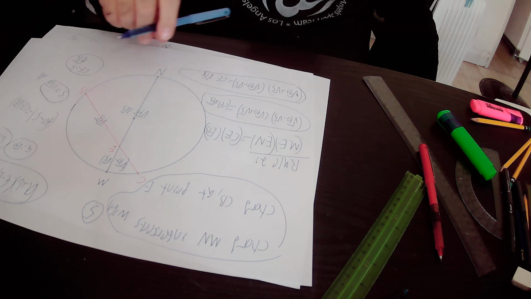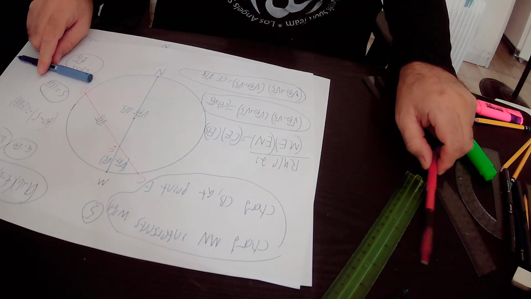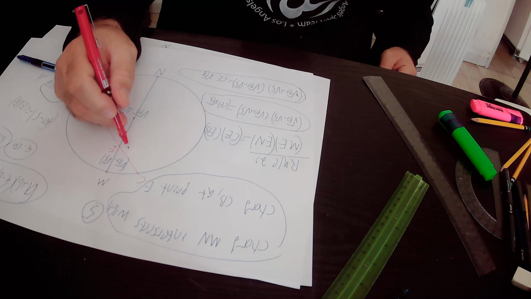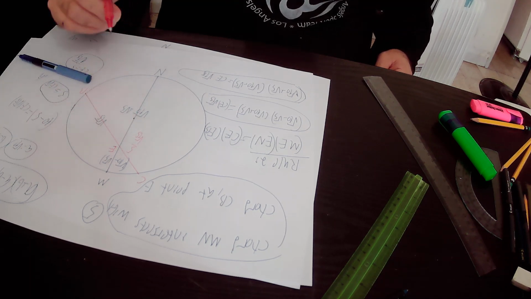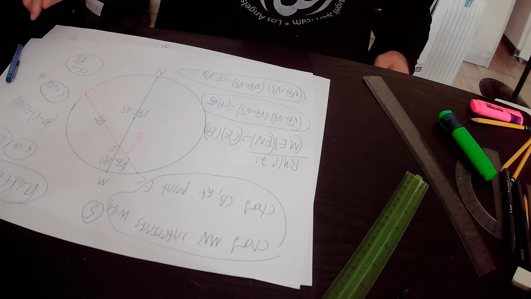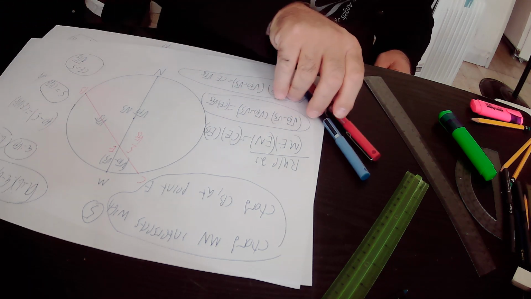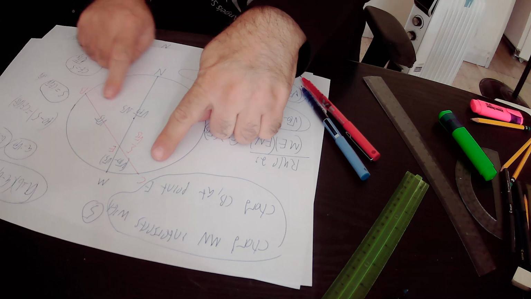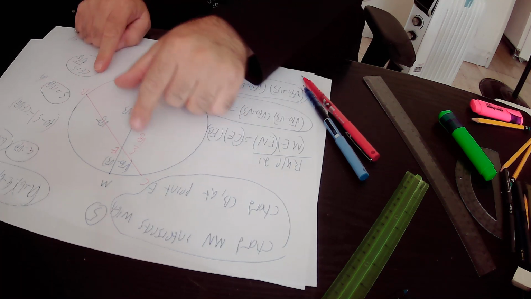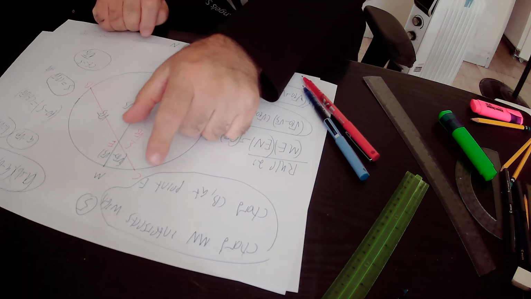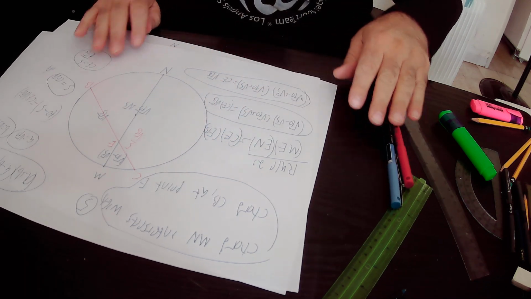We found out that CE equals 5 over square root of 15. We are actually looking for the length of this chord called CB. It is very easy to see from the drawing that CB equals CE plus EB. So I write it down.